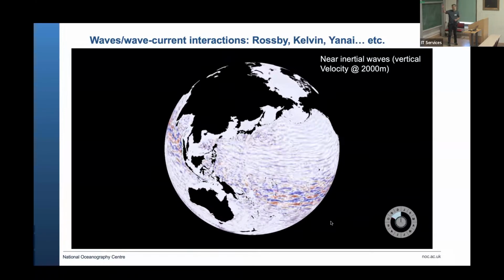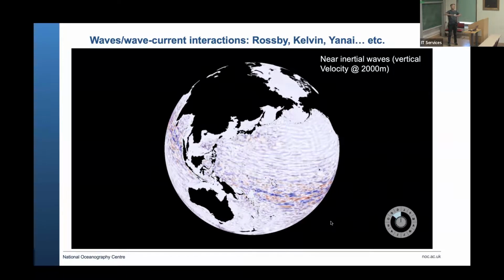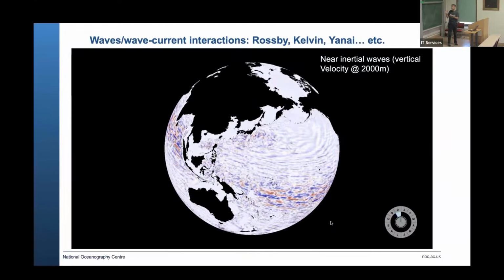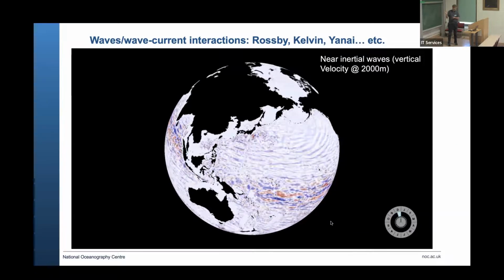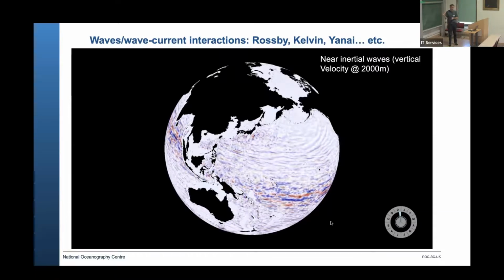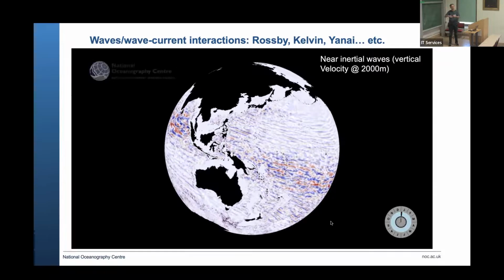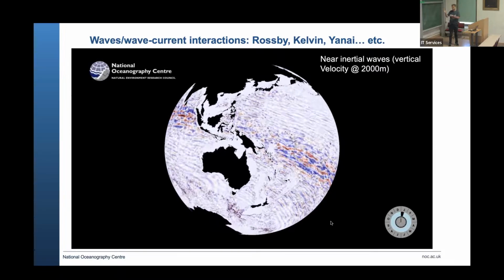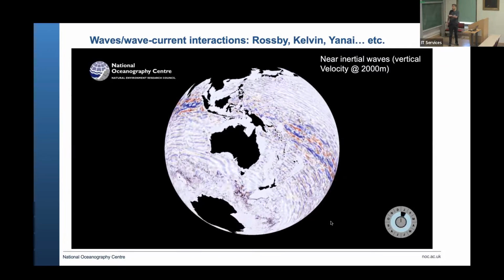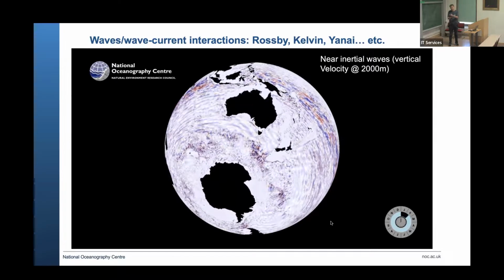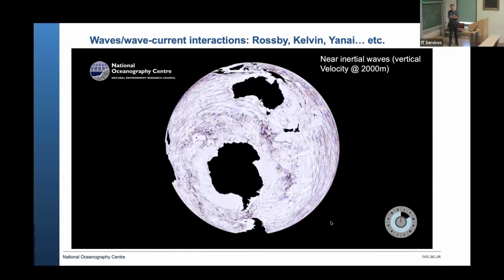All these waves are key for how a circulation spins up and develops in the model. However, we still miss many processes in there, things like wave breaking. Essentially, what we often have, like the Rossby waves I mentioned before, are often internal waves that occur at the interface between water of different densities.